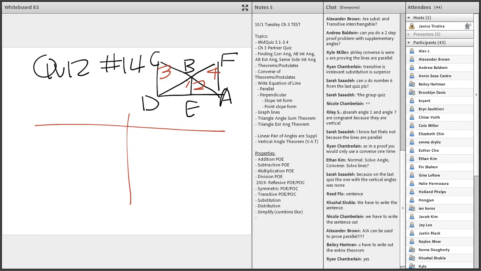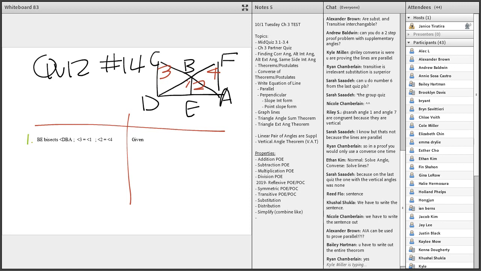I can't do the congruent symbol, sorry guys, on my computer, so you're going to have to make do with the equal sign. Angle 2 is congruent to angle 4. And this is given. Okay, so this is given. What you need to do is say to yourself, what can I do with one of the givens? So one thing at a time.